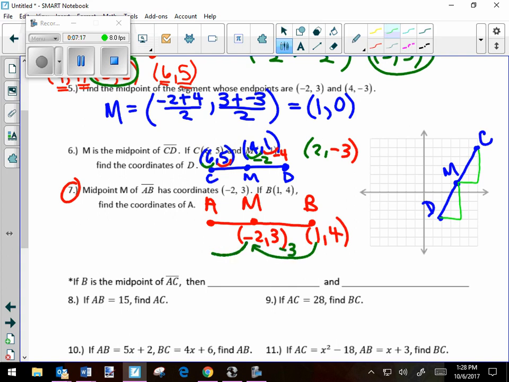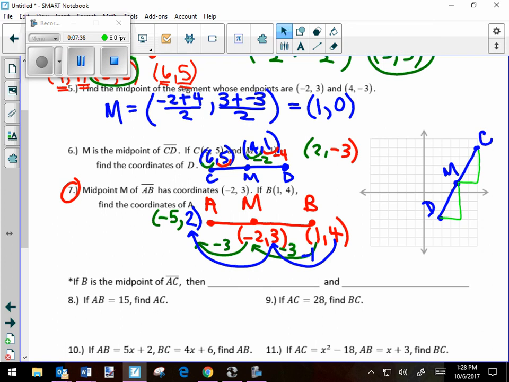So I have to start at negative 2 and minus another 3, which gives me negative 5. When I look at the Y's, 4 minus 1 gives me 3, 3 minus 1 gives me 2, and that becomes my coordinates of the other endpoint.